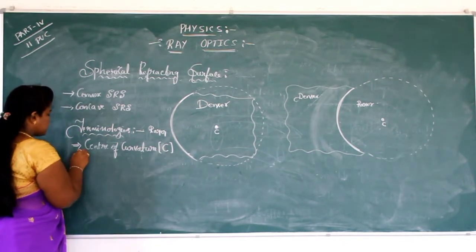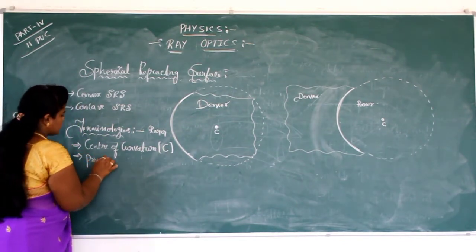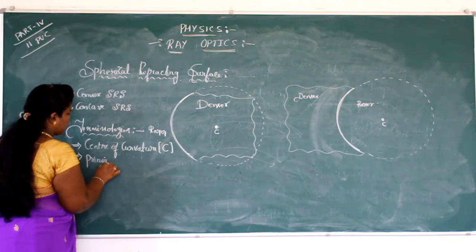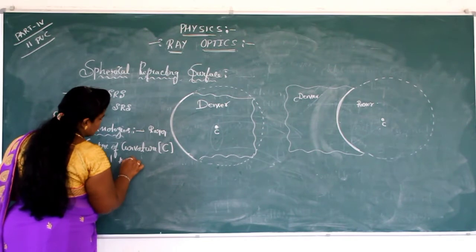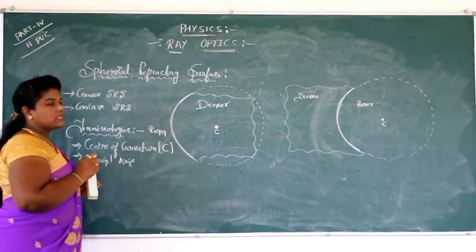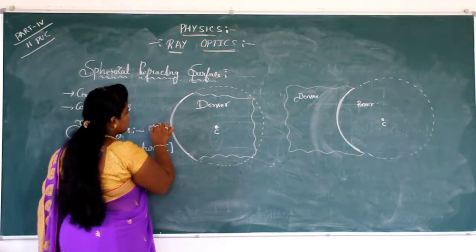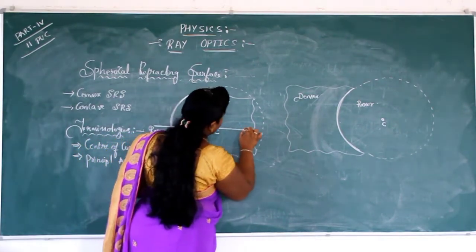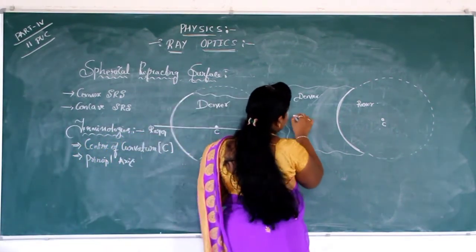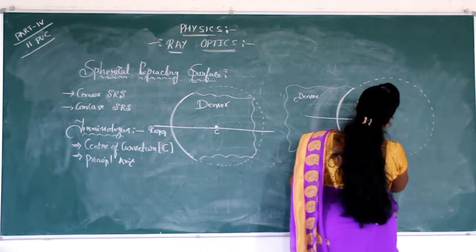Now let us move to the next terminology, the principal axis. Dear students, if I just draw the line, you can observe that this is the diameter, let me say.